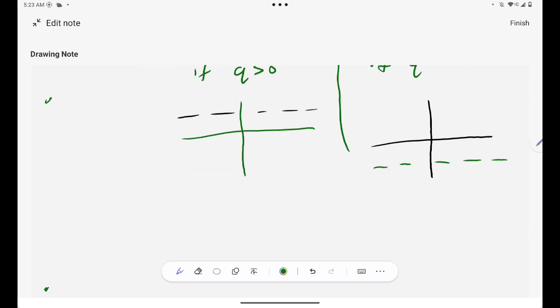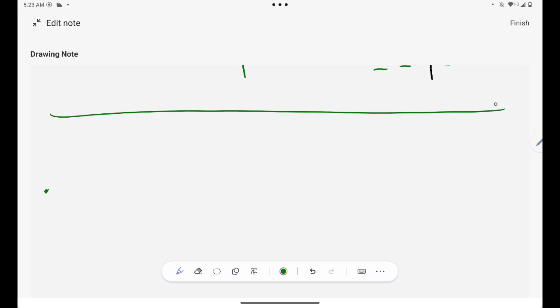Are you together? So let's do one example. y is equal to 2 over x plus 4. Okay.